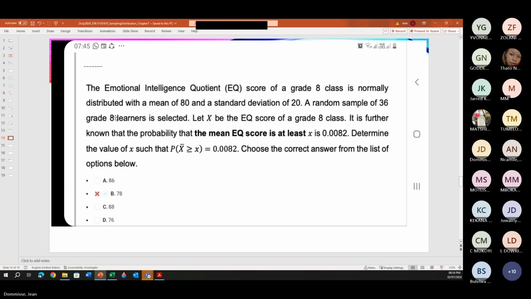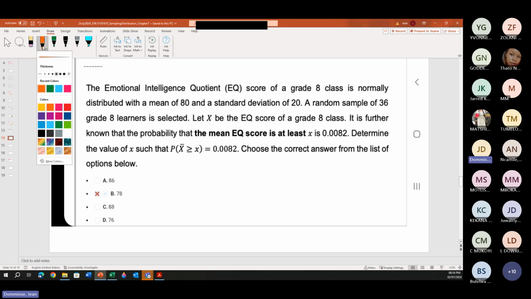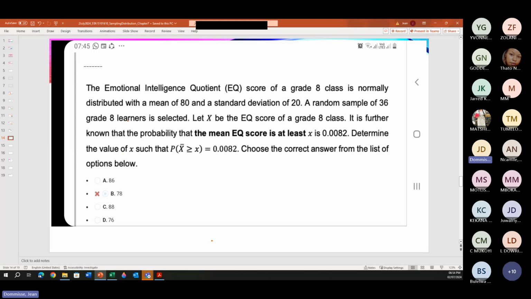So they're telling us in this question, the emotional intelligence quotient, so let's just say EQ score of a grade 8 class, is normally distributed with a mean of 80, standard deviation of 20.